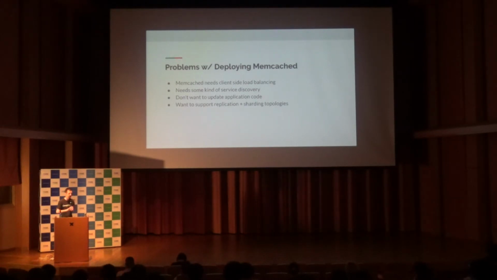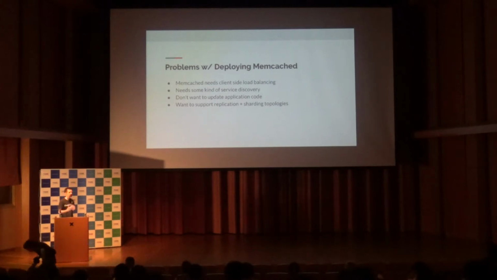Memcache also, because of that, needs some kind of service discovery. So the client side needs to know the list of IP addresses so it can then hash the key to a particular server.